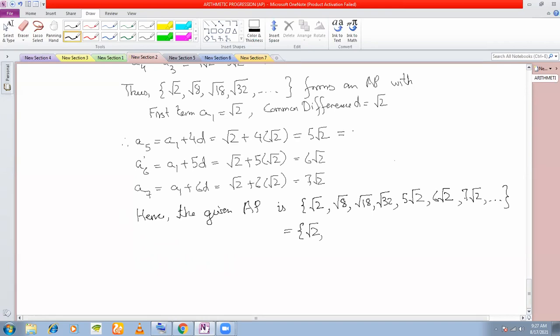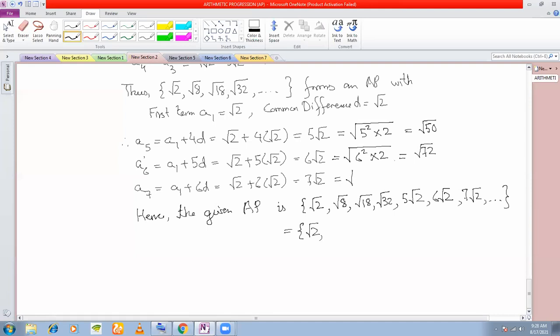Let's write 5 root 2 as root over 5 square into 2, which is equal to root 50. 6 root 2 can be written as root of 6 square into 2, which is root 72.